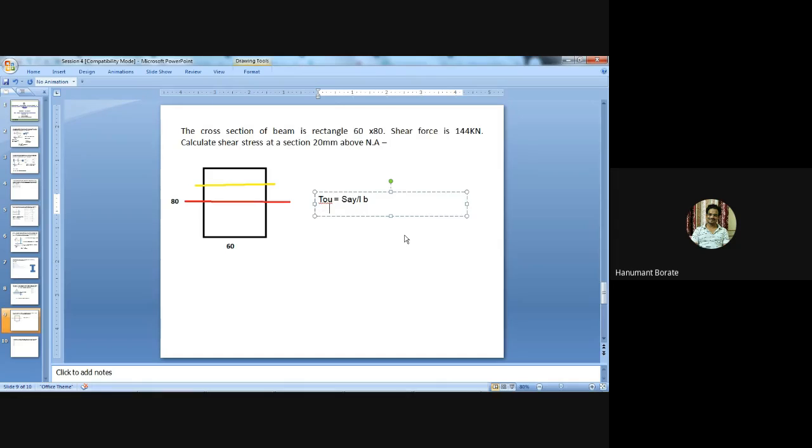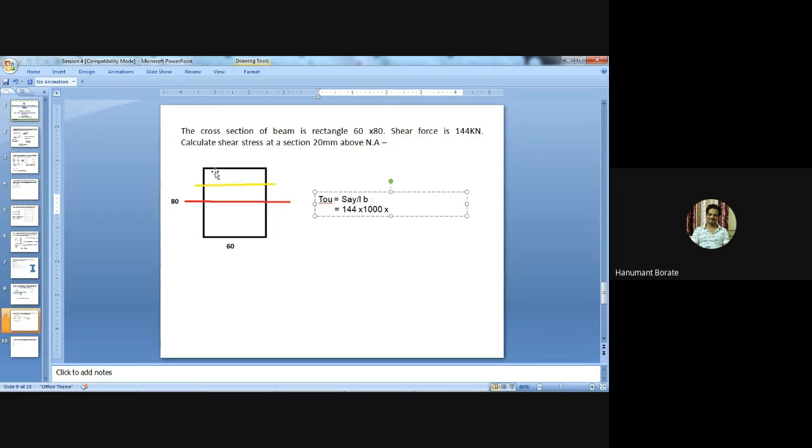The value of shear force is already given, that is 144 kilonewton. We will convert it into Newton. Then the value of A y bar.